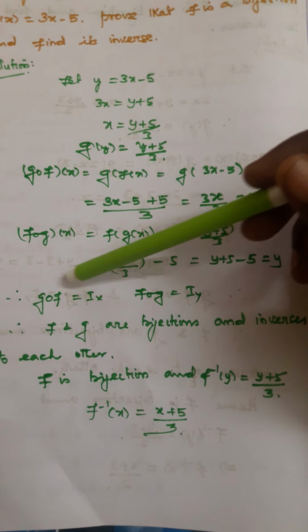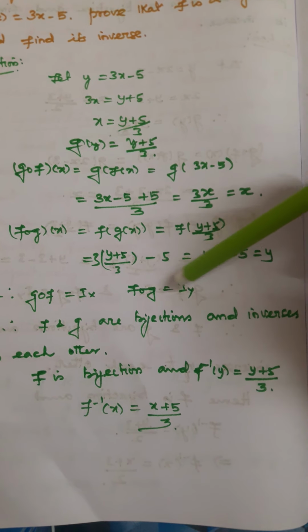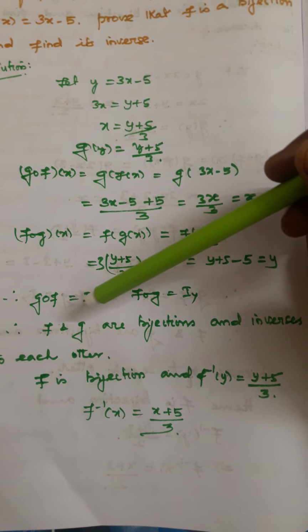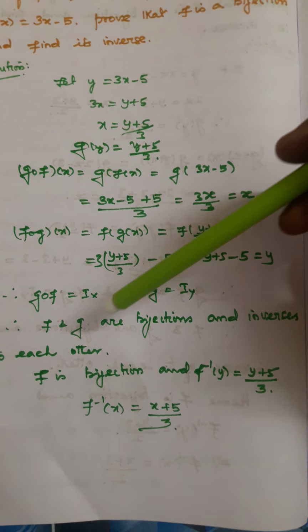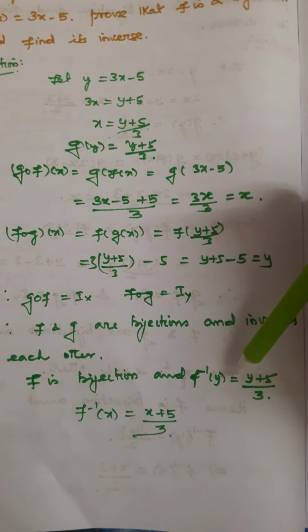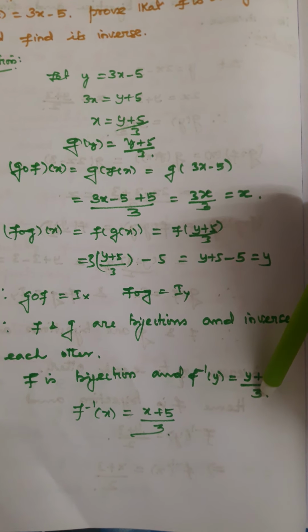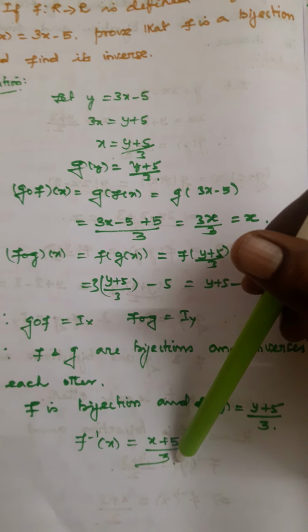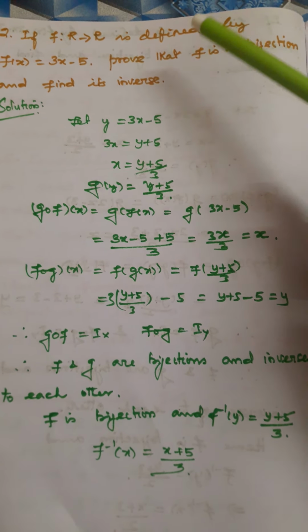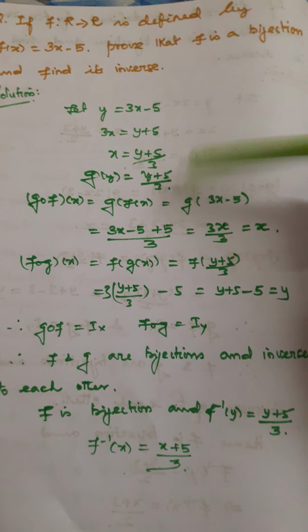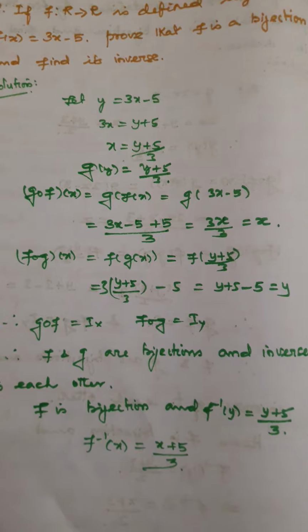So g composite f is I X and f composite g is I Y, where I X and I Y are identity functions. Therefore f and g are bijections and inverses of each other, and f is a bijection. f inverse of y equal to y plus 5 by 3, f inverse of x equal to x plus 5 by 3. So what you have to do is just write the question and find the answer yourself. After that, you check with the video.